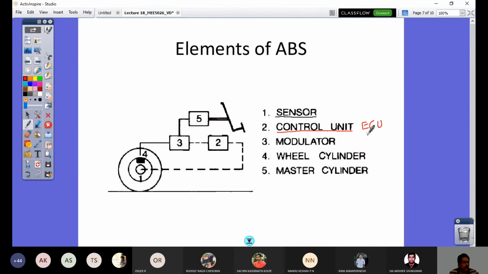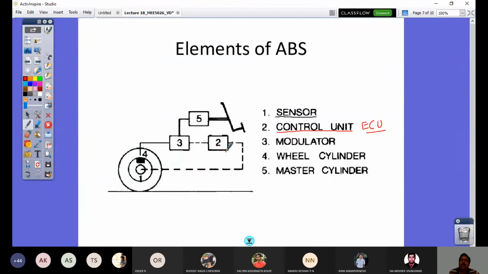So this electronic control unit essentially should have different tasks. What are the different tasks? Whatever speed has been sent from the sensor is held in the memory of this control unit, and it will process that.